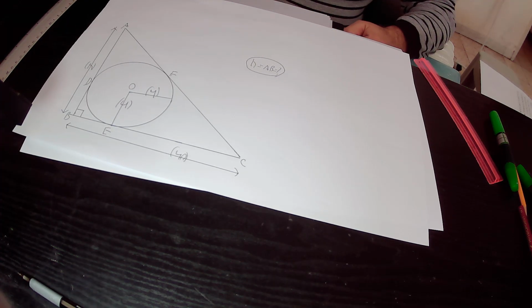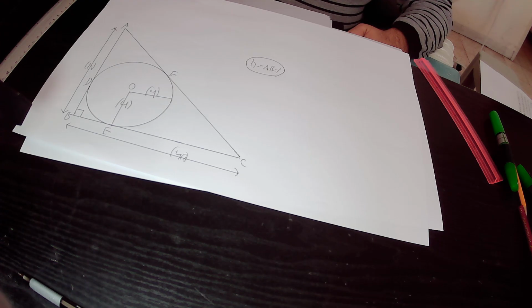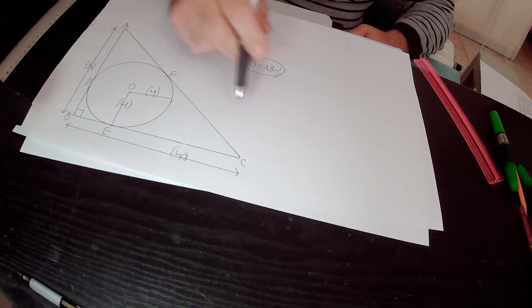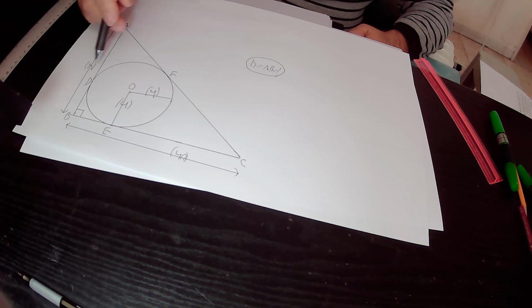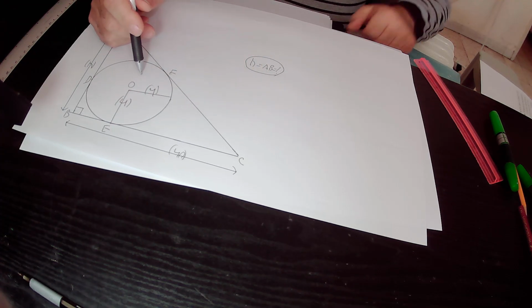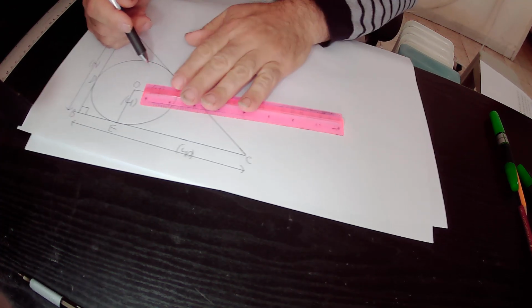The radius OE is drawn to point E, that is the point of tangency of tangent BC with this circle. Remember, if the radius is drawn to the point of tangency, then tangent BC will be perpendicular to the radius EO. If BC is perpendicular to EO, it means that this angle equals 90 degrees.